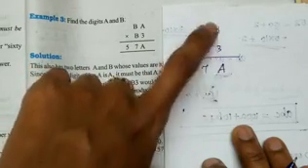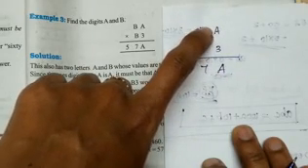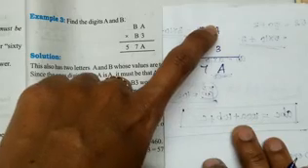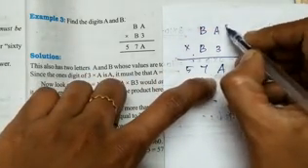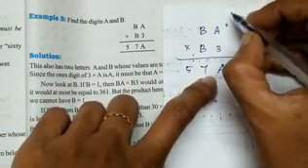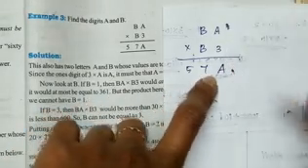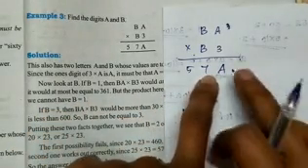So this is not same as this number. Then if the A is 2, 3 2s are 6. These two are not same. If A is 3, 3 3s are 9. This is also not possible. Now check which number may come here.